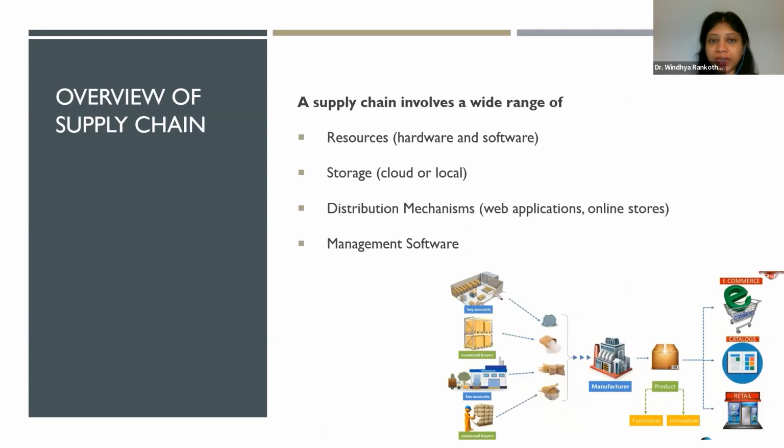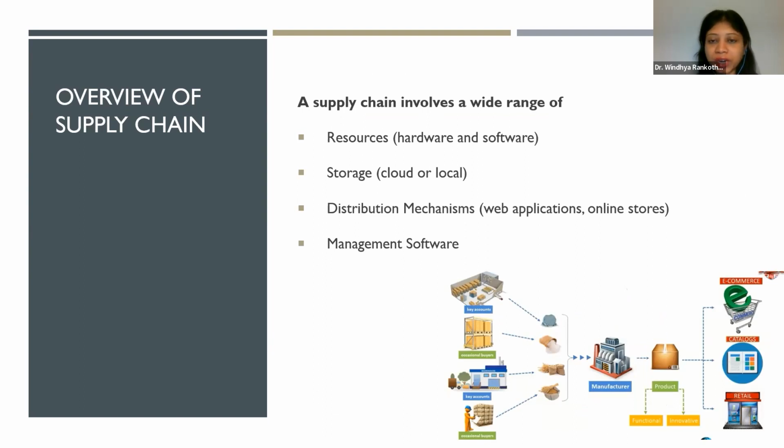Since there are different industries, for any supply chain, the customers, the suppliers, the distributors, or their resources can be hardware or software, products or software, and these can be stored in the cloud or different local data centers.